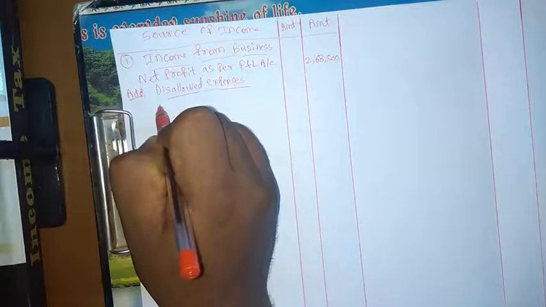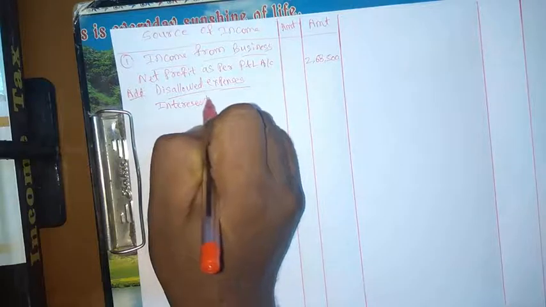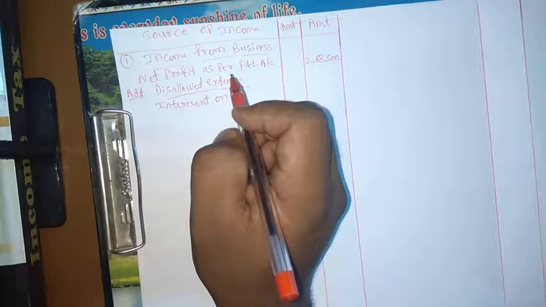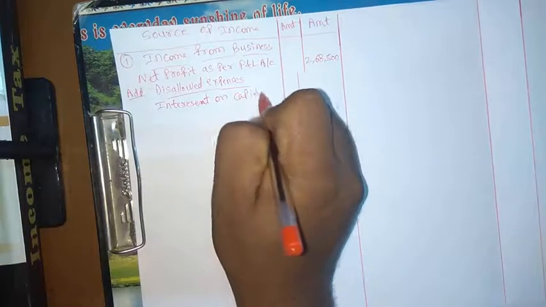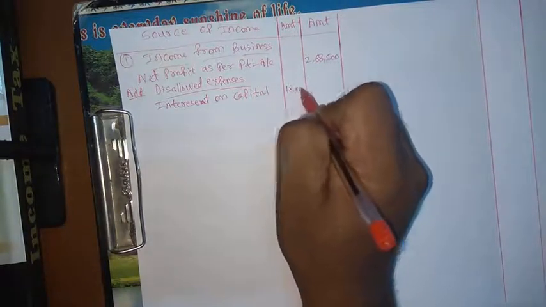Add disallowed expenses. So which are the disallowed expenses? The disallowed expenses are interest on capital, which is 18,000 rupees.